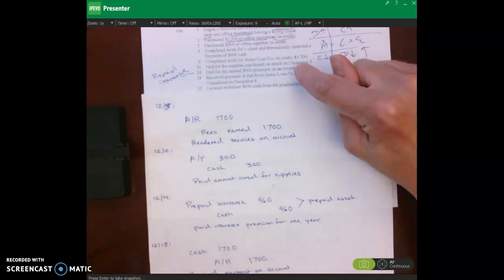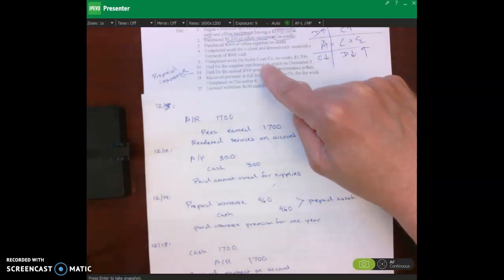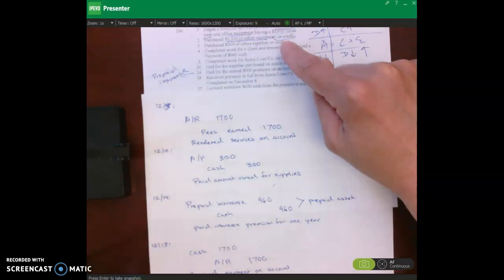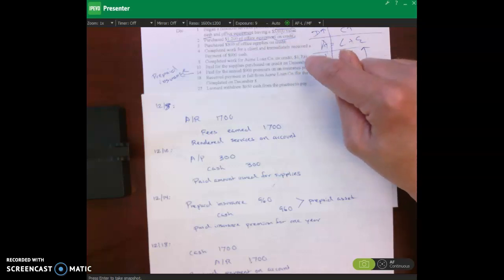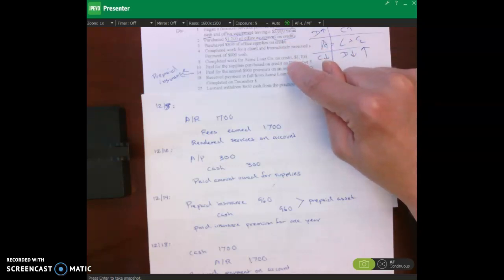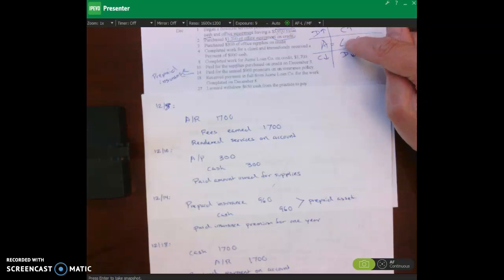Accounts payable, so I'm paying off that accounts payable. That's what it's saying. Paid for the supplies purchased on December 3rd. Remember, on December 3rd, we debited supplies and we credited accounts payable. So what I'm doing is I'm paying off my credit card, basically. So I'm paying off my accounts payable. So my liability, accounts payable, is going down.